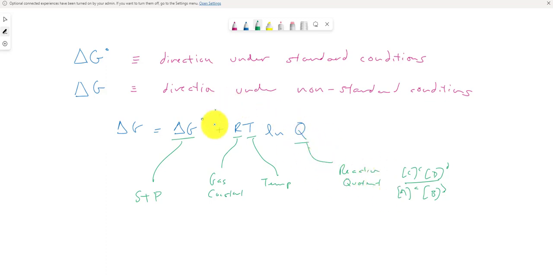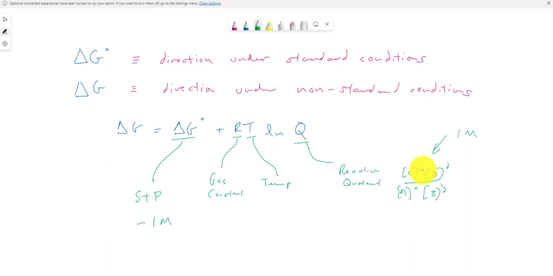And that should make some sense mathematically, because if delta G naught is when everything is under standard temperature pressure conditions, which includes solutions where everything would be at 1 molar, then what would happen if we replaced all of these with 1 molar? Well, this whole term would be 1. Natural log of 1 is 0, so the whole term comes to 0, and so delta G is equal to delta G naught.